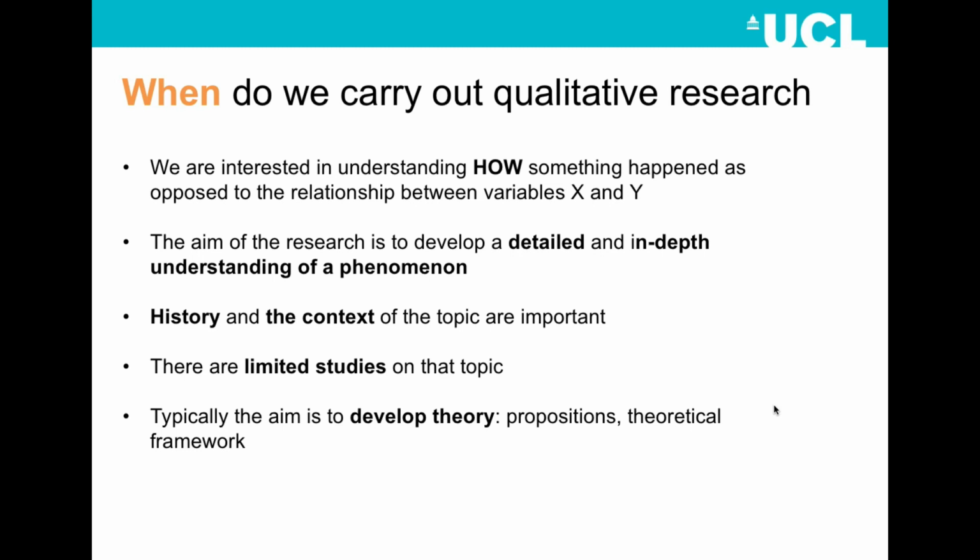This is clearly in opposition to quantitative approach, that is the approach that we will use if we were looking at the relationship between two different variables. So we will be using qualitative research when the aim of our research is to develop an in-depth understanding of a particular phenomenon. In that case, the history and the context of the phenomenon would be pretty critical.